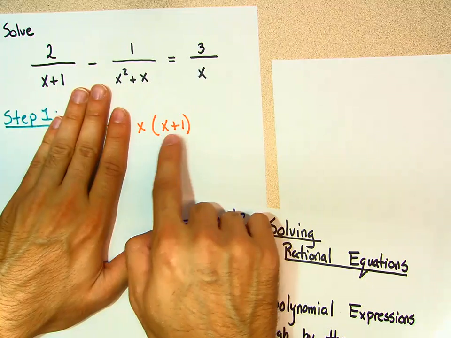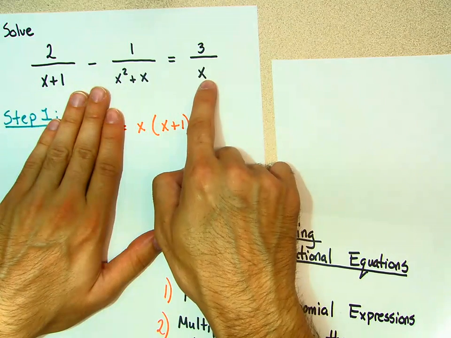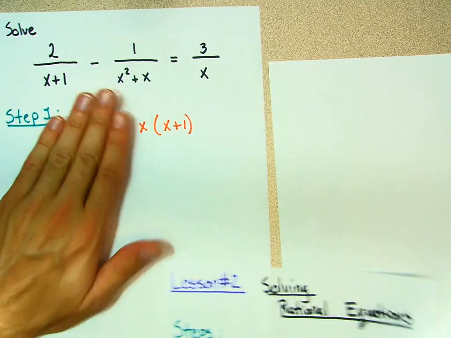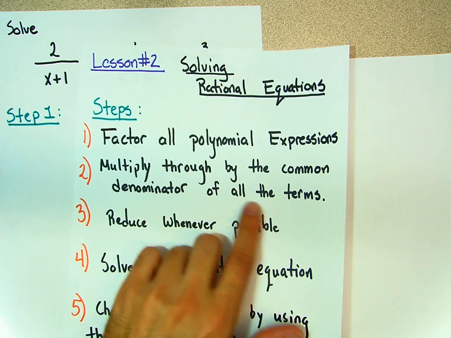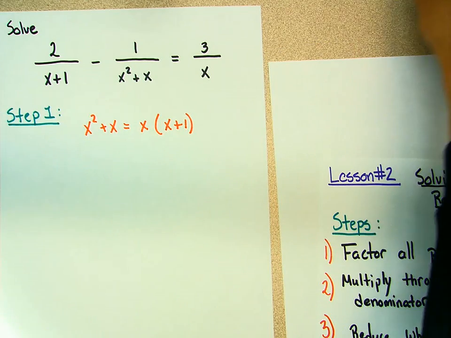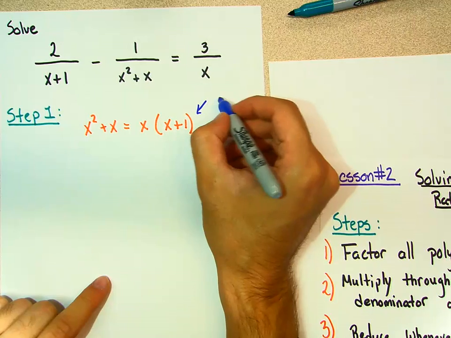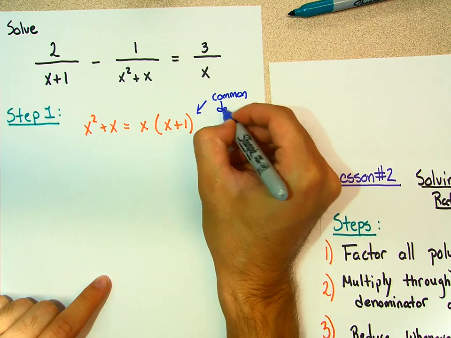This has both of them. And this is missing a what? It's missing an x plus 1. So what we're going to do is multiply through by the common denominator of all the terms. This is the common denominator.